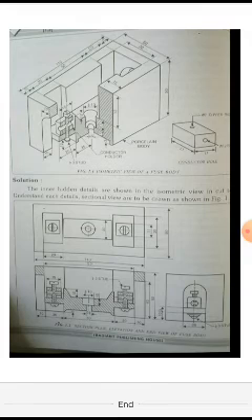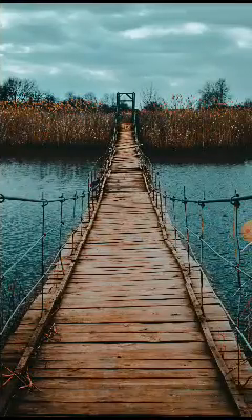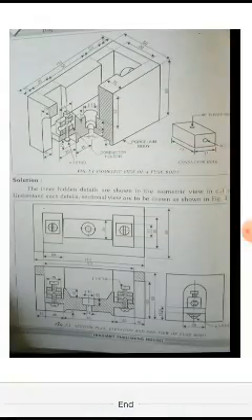Now if I want to draw the plan, sectional view and elevation of the fused body, I must know these basic three things: what is the length, what is the breadth, and what is the height.